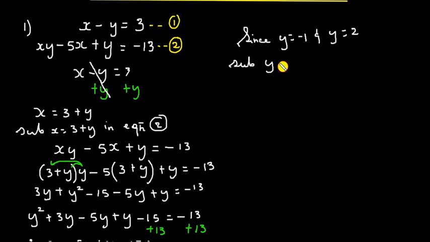Substituting y equal to minus 1 in equation 1. So, I write my equation that I plan to substitute y is equal to minus 1 into. And this is what we have. X minus y is equal to 3.